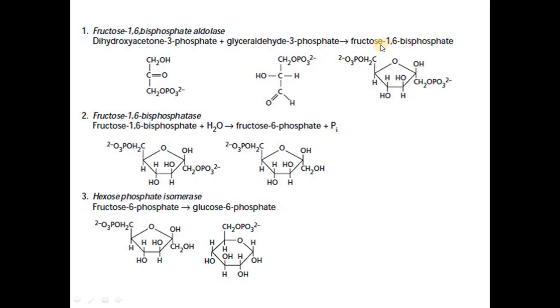So for those of you who are not chemistry buffs, fructose has 6 carbons, and 1,6 is showing you that the two phosphate groups are on the first and the sixth carbon. Then fructose 1,6-bisphosphate is converted into fructose 6-phosphate. So we detach one phosphate group, and then we convert fructose 6-phosphate into glucose 6-phosphate.